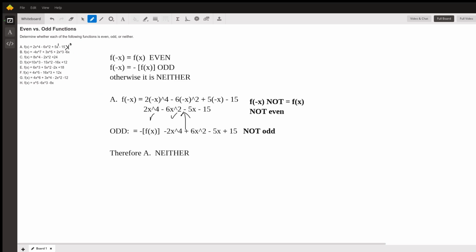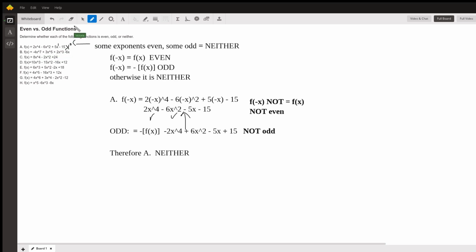So if you look at the powers, not the coefficients that are attached to each of the x terms, but the exponents of each x term, notice that some of these are even and some are odd. Some exponents even, some are odd. That means that this is neither, without plugging anything in.